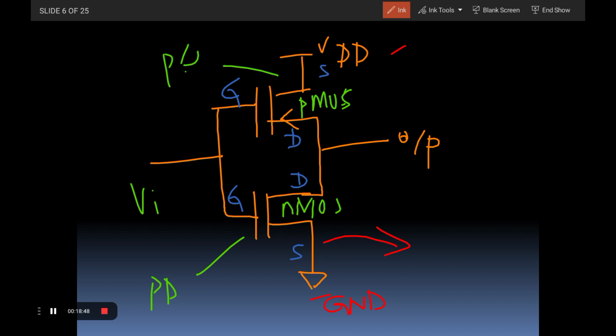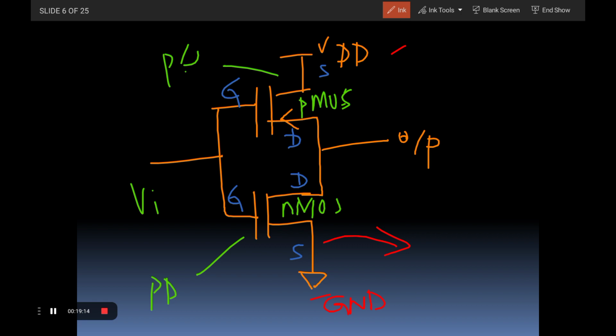Therefore, the nMOS source is connected to the lower potential in the network. At the same time, in almost all applications, the pMOS source is connected to the higher potential in the network.